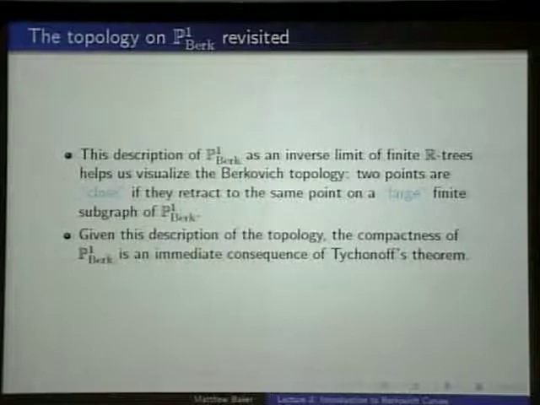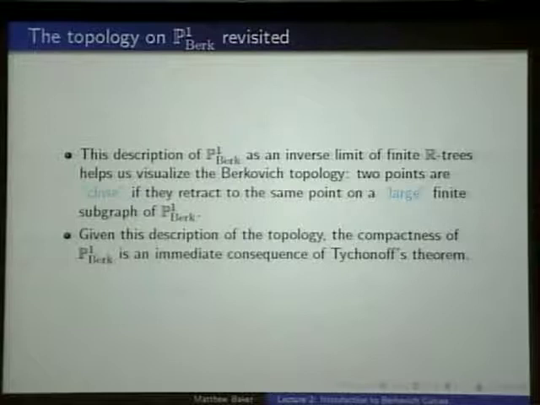Because you see, if you have a nested chain of disks, you can think of that as giving you a compatible family of points with respect to larger and larger subgraphs, where you take those points to be the endpoint of a growing tree. And so this nested sequence of closed disks is going to give you in the limit a point of the inverse limit. It'll give you a compatible family of points.